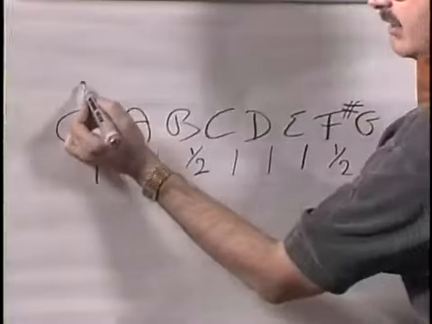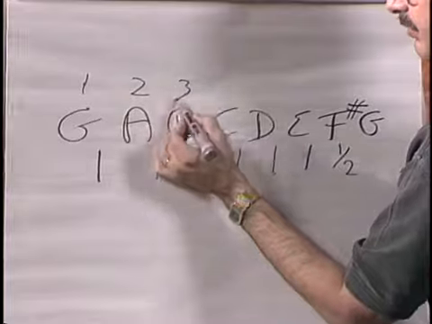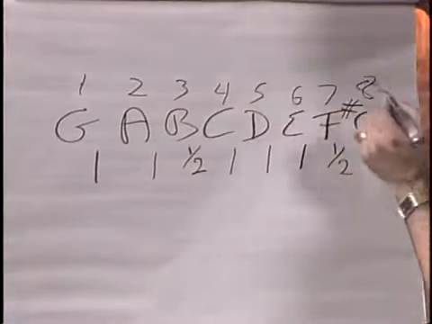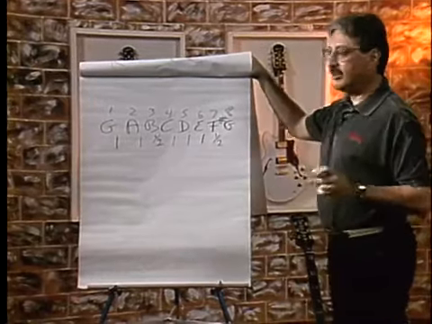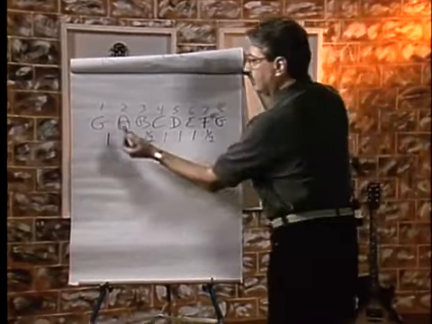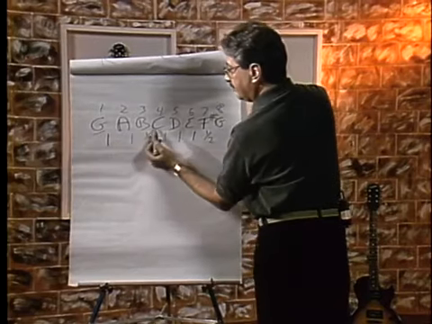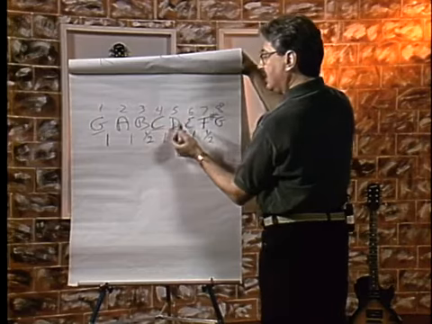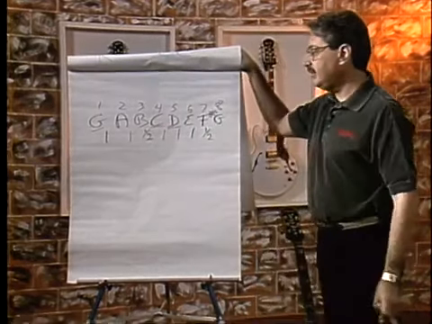Now let's number the notes. 1, 2, 3, 4, 5, 6, 7, 8. What are our three most important chords going to be? Our primary chords are going to be the 1, the 4, and the 5. So G, C, and D are going to be our primary chords.